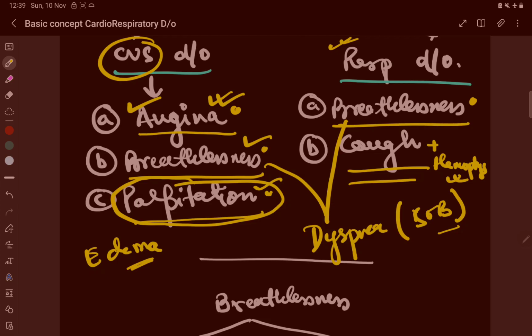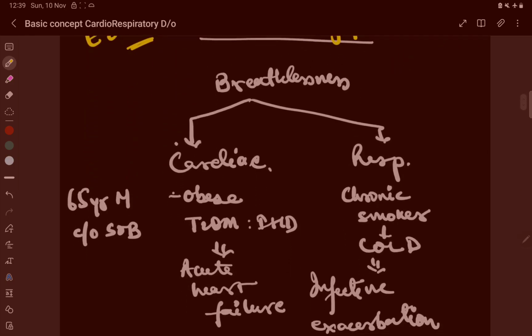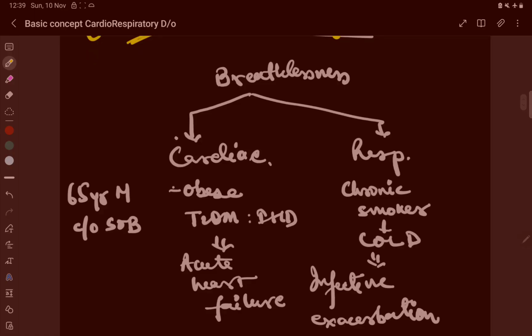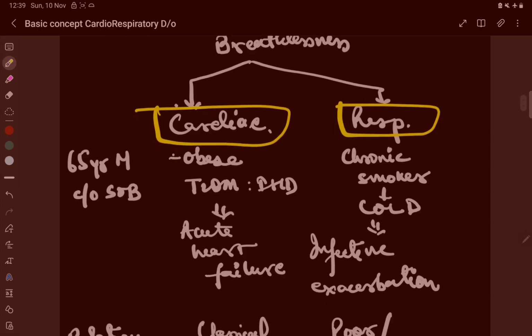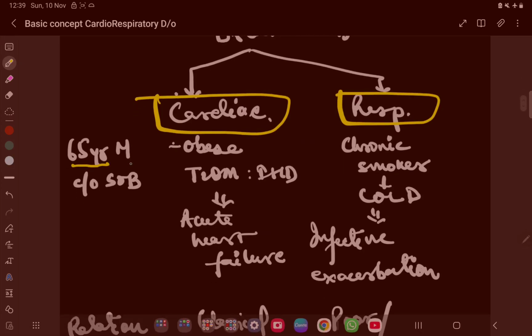First you can see that breathlessness is common to both CVS and respiratory disorders. So how can we differentiate between breathlessness of cardiac origin and breathlessness of respiratory origin? You get a 65-year-old man complaining of shortness of breath.